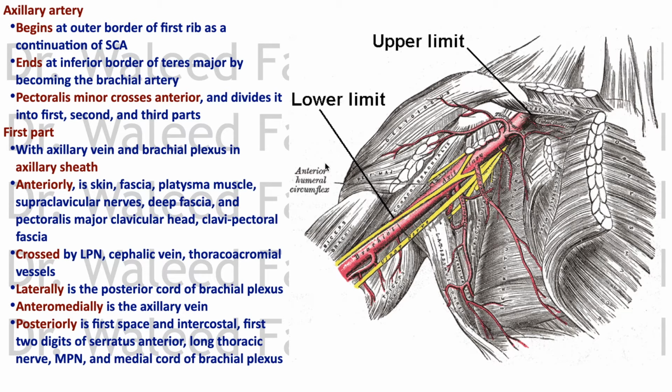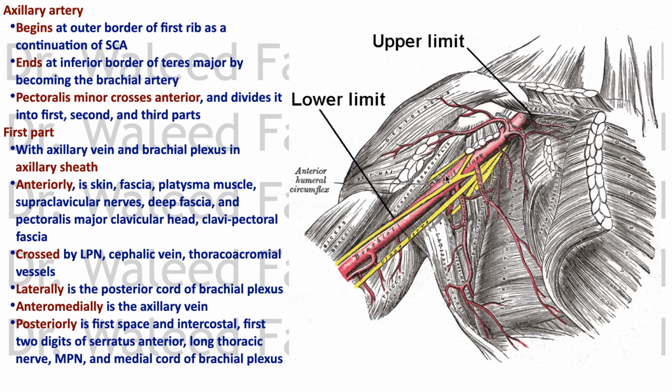The first part is the part proximal to the pectoralis minor. It's together with the axillary vein and the brachial plexus in the axillary sheath. Anteriorly, there is skin, fascia, platysma muscle, supraclavicular nerves, the lateral group, deep fascia and pectoralis major, clavicular head, and clavipectoral fascia.